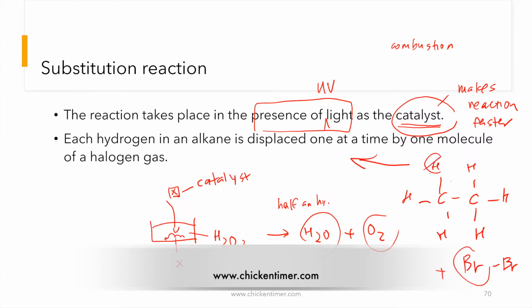That means it gets pushed out of the molecule, and it gets replaced by the bromine. Then another bromine molecule will come and replace another hydrogen. So the rough idea is that bromine goes in one at a time, and the hydrogen gets kicked out one at a time. Okay? The idea is like this.